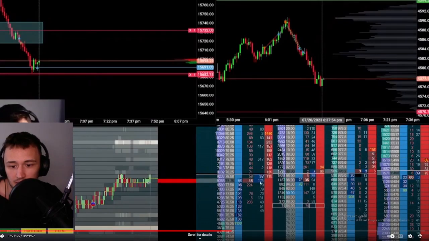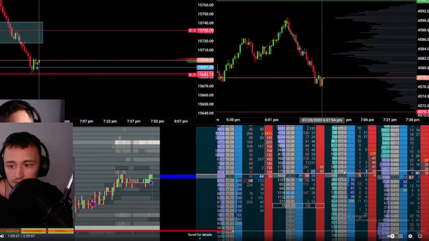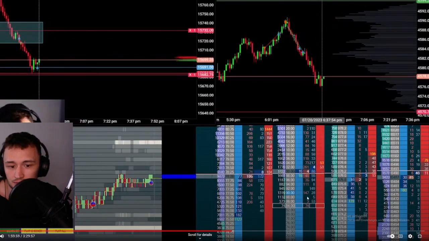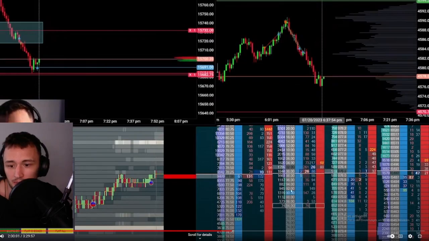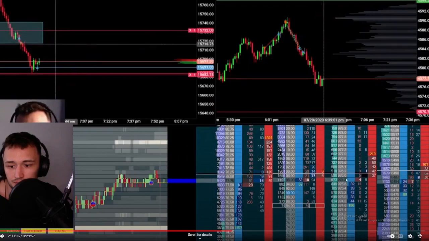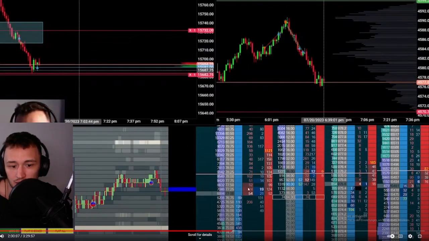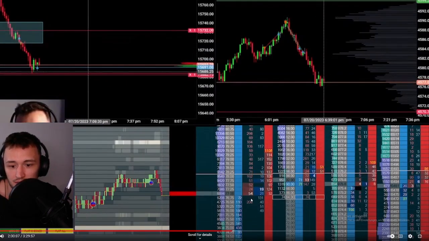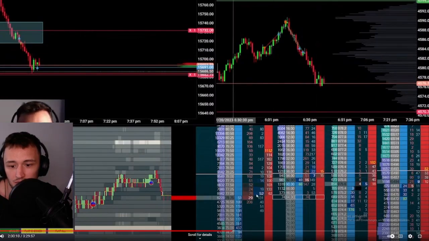Now buyers are coming in. You do see them able to hold the bid very well here. Now you do see this flush, but this should reclaim super fast.